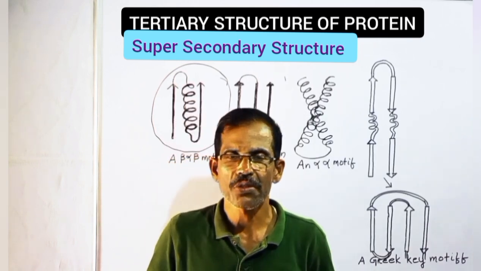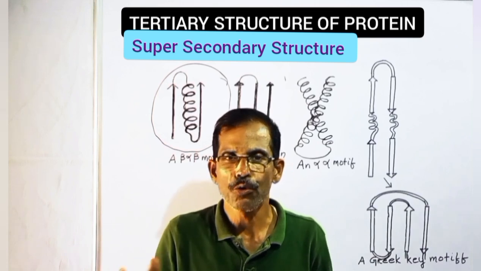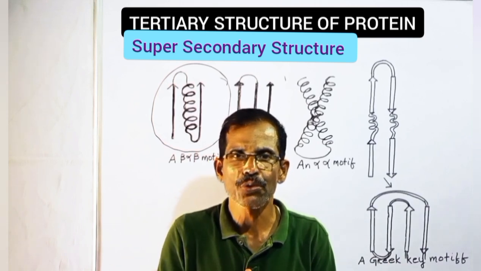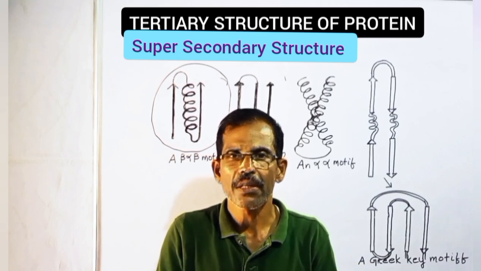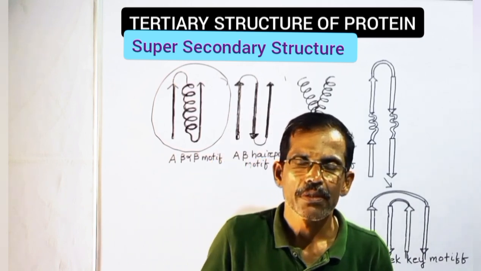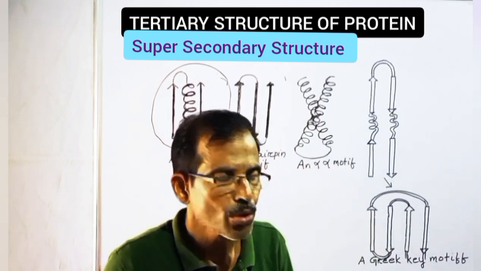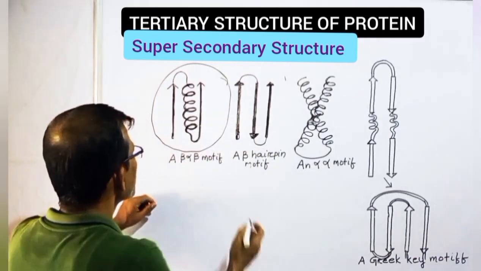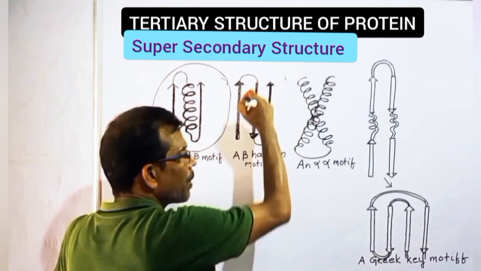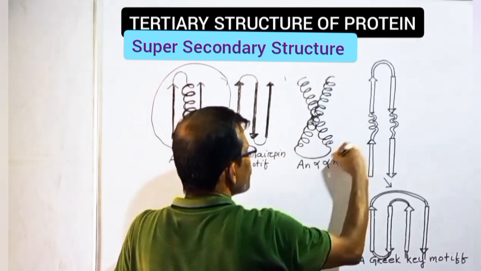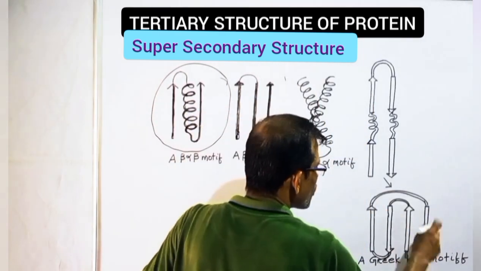Supersecondary structures, also called motifs, are groupings of secondary structural elements. They are found in many unrelated globular proteins. Some of the commonly found supersecondary structures are beta-alpha-beta motif, beta hairpin, alpha-alpha motif, and Greek key motif.